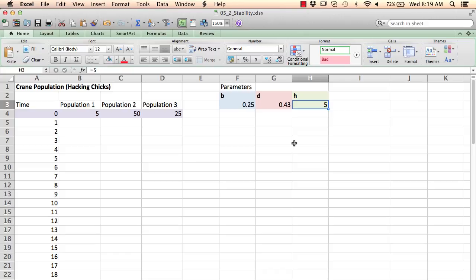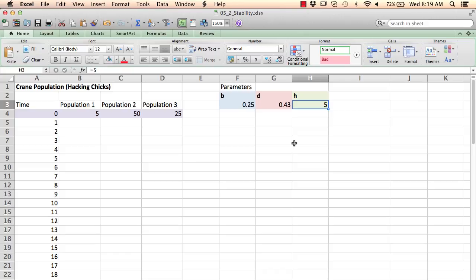So that's what it means to hack chicks. It's kind of like a wildlife refuge type idea, right, where you just make sure that the young ones in the population are more likely to survive, so they're a little bit hardier.